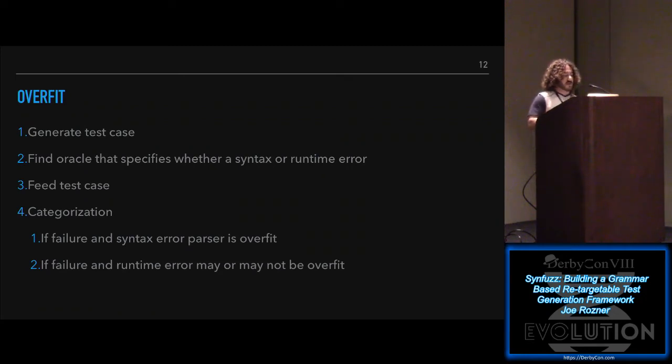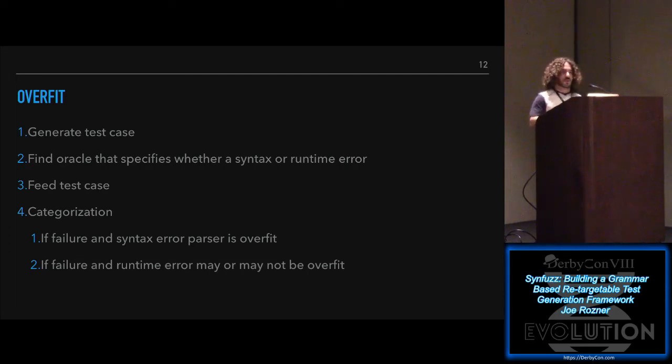If it's a syntax error, then it means that the grammar that you fed it and generated input from is not the same as the one you're testing against. You have generated something that your grammar says is valid, but the reference one does not. If it's a runtime error, there could be some state involved where you generated something that passes the parsing phase, but there's something about the internal state of what's going on that is not semantically correct.